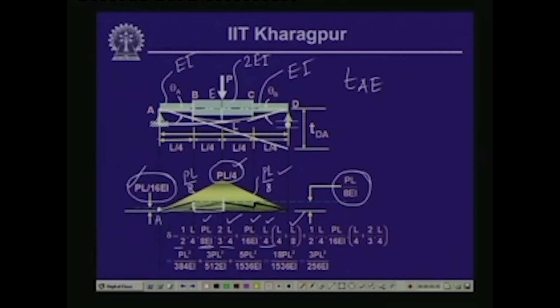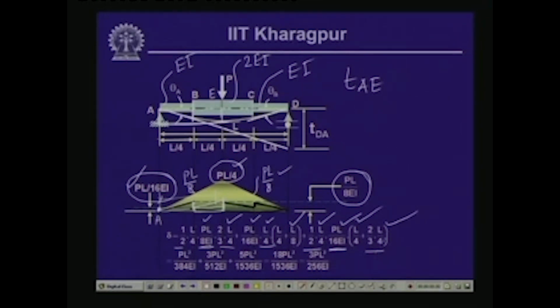And thirdly, we have this triangular area, which is half times L by 4 as the length, and PL by 8 EI is the total ordinate minus PL by 16 EI. So, the balance is PL by 16 EI, and the moment of this area with reference to point A has the distance L by 4 plus 2/3 of L by 4.